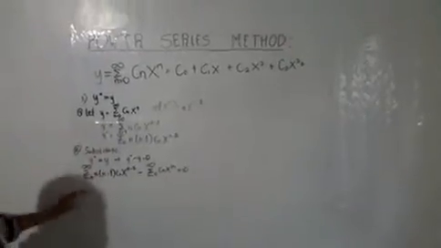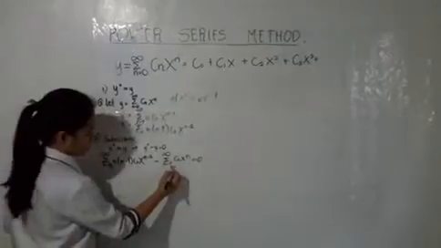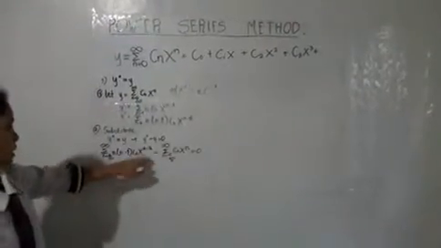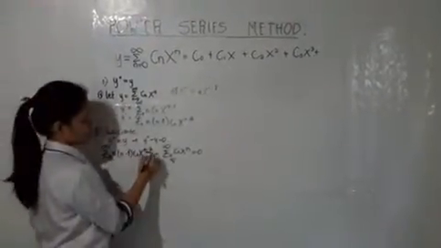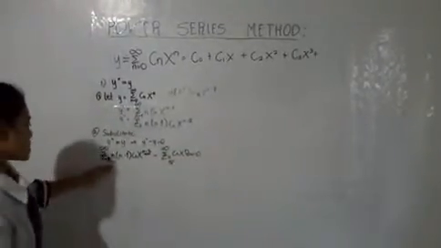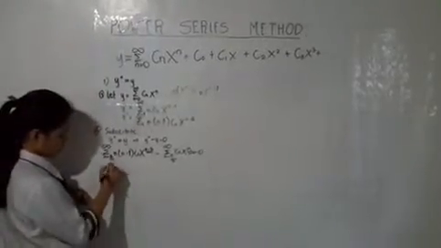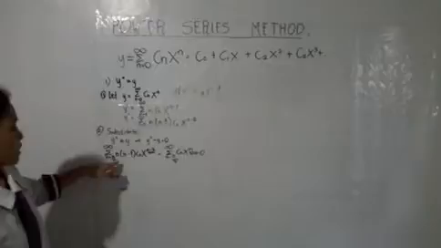0. Now we will notice that n equals 2 and n equals 0 are not similar, and also here, n minus 2 and raised to n. Now to make it similar, we will subtract 2 from the index, so n starts at 0.